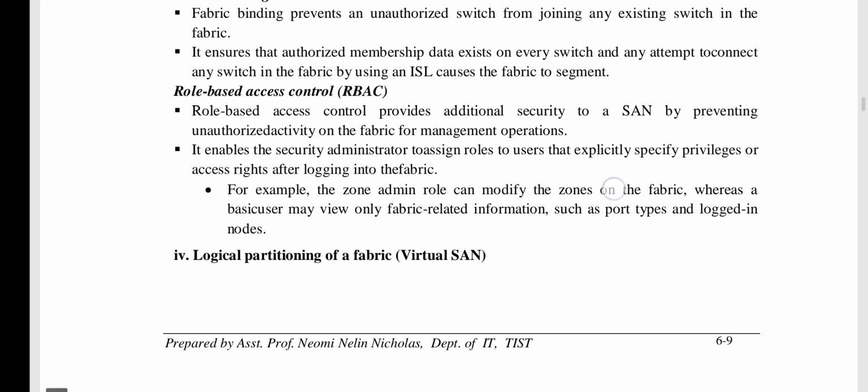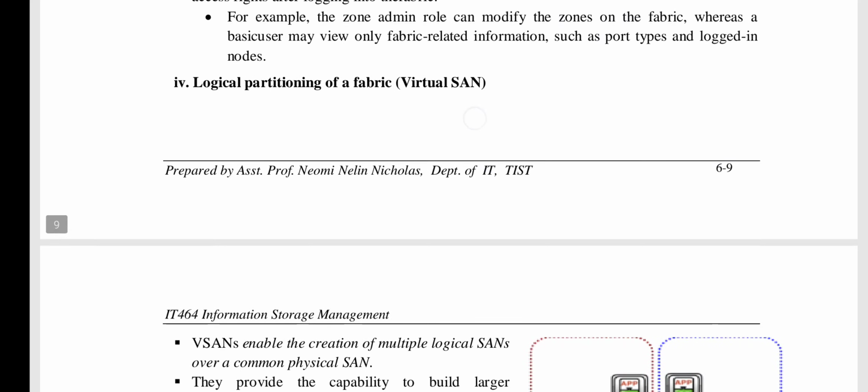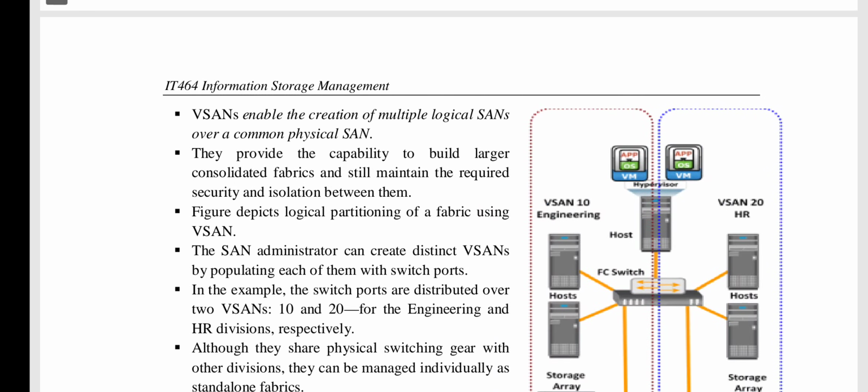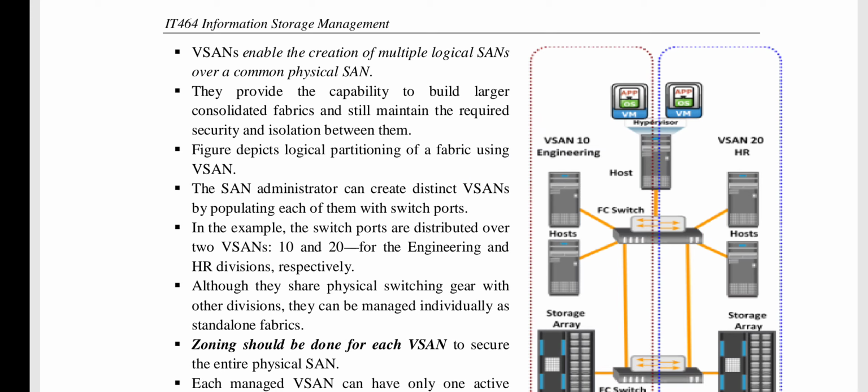Okay, next is logical partitioning of the fabric. So it is also the virtual SAN. The figure is there, and it is easily explained in the figure. You can see that virtual SANs enable the creation of multiple logical SANs over a common physical SAN. So there will be one common physical SAN, and multiple logical SANs can be generated.